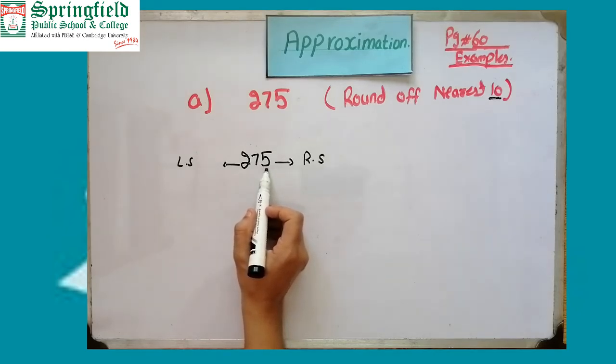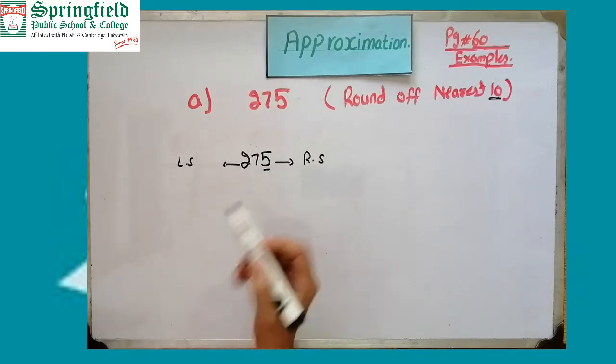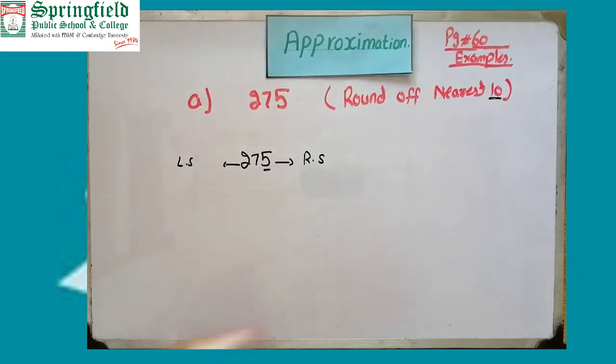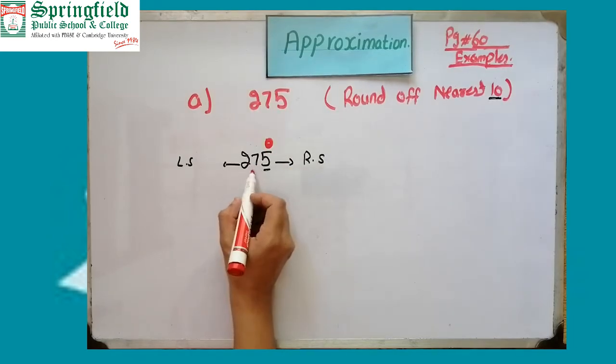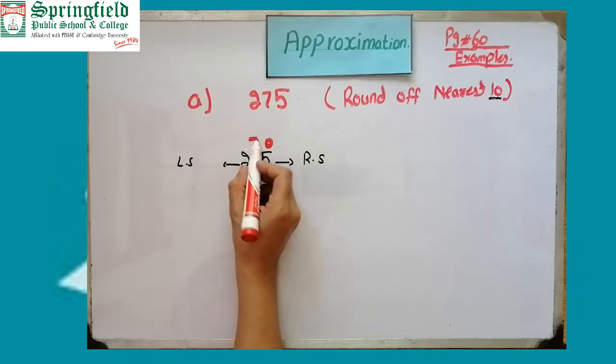The 5 is at the place of ones, and 7 is the place of tens.